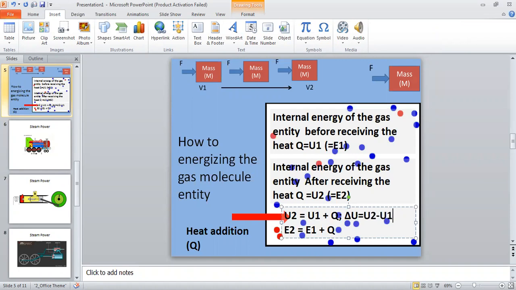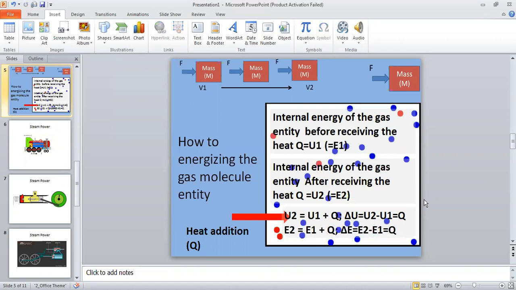Because now U2, previously U1, that is equal to Q. So Q is the rising of the internal energy. Or else in terms of delta E. So E means energy. U is a standard notation for energy. Minus U1. So this is phenomenally like this.